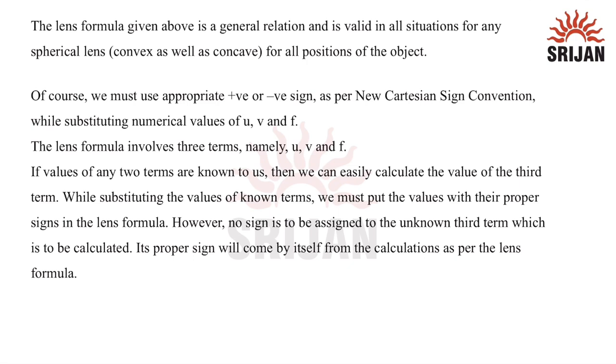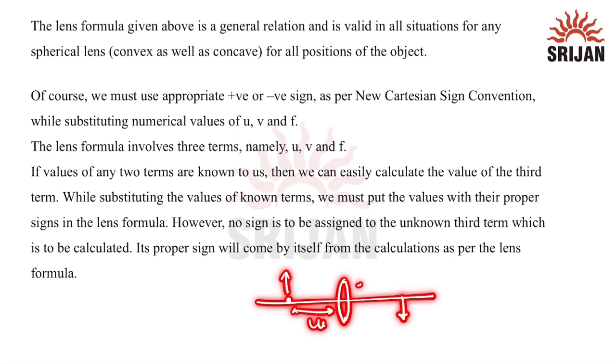Example. Now, suppose this is your lens and this is your principal axis. Your object is lying over here with u distance and the image of this is formed over here with v distance. Now, the sign conventions are to be taken from the optical center, that is over here. Now I can say that this side is positive and this side is negative.